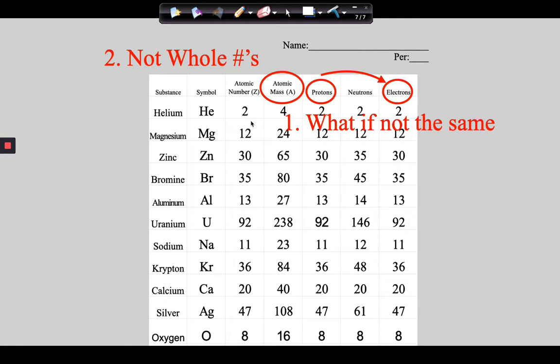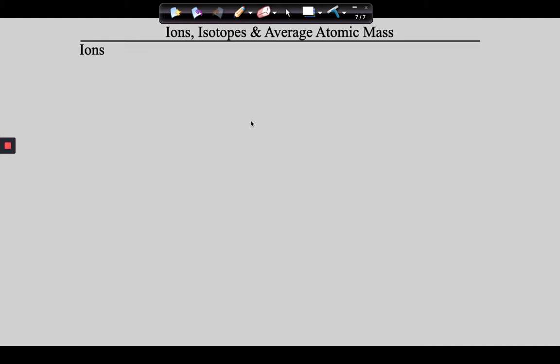What if the protons and the electrons are not the same? And guys, the answer is simply this. They turn into ions. So this is where you're going to start your notes, right here, and we're going to talk about ions. Again, we're answering the question, what if the protons and the electrons are not the same?